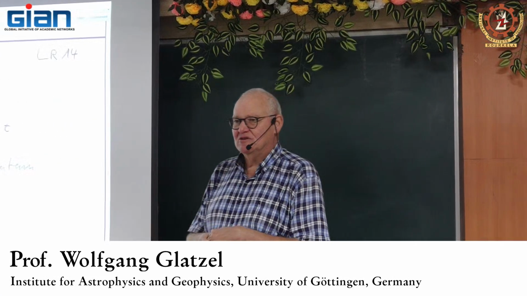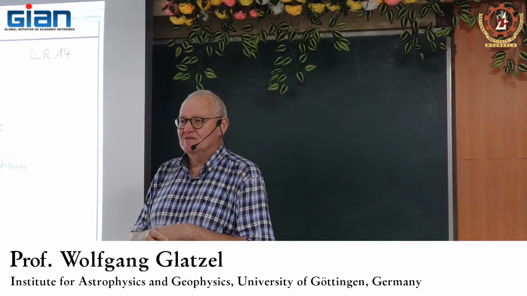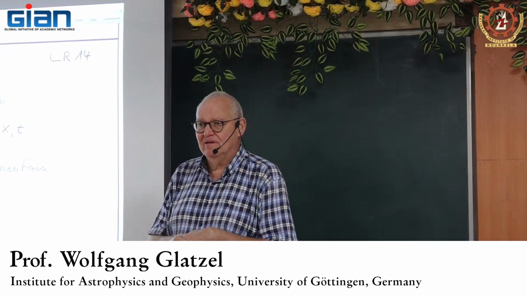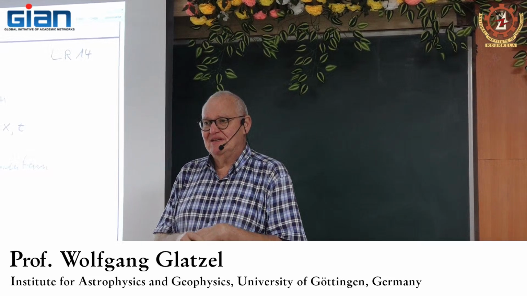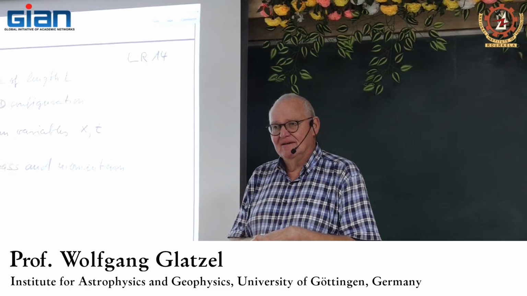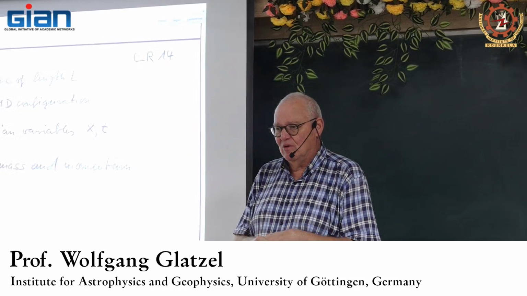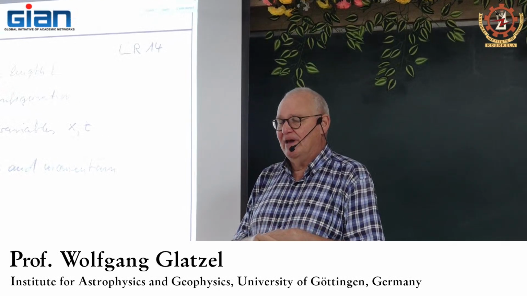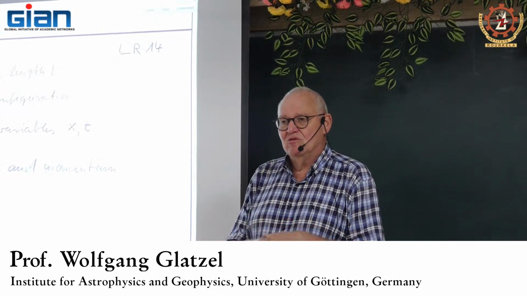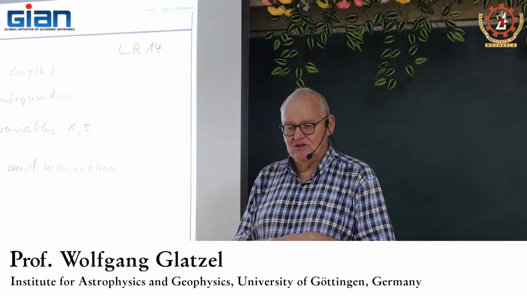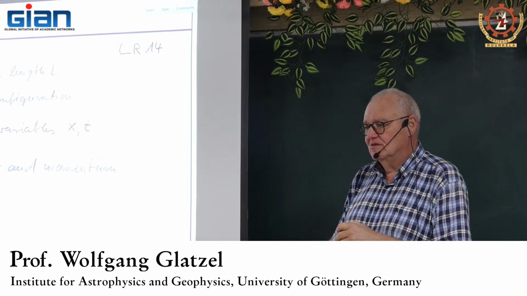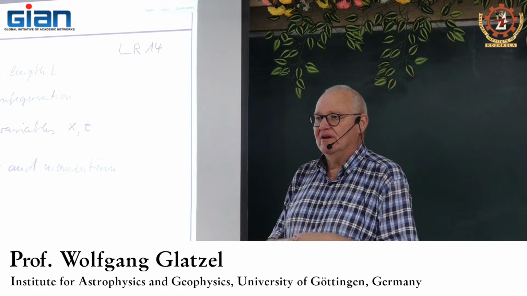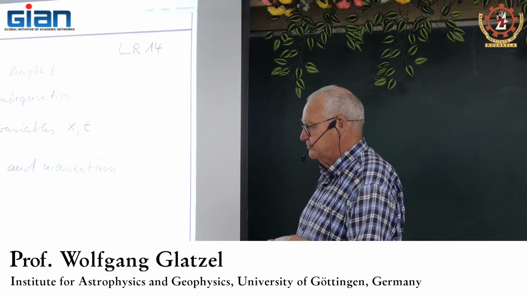In yesterday's lecture, we considered small perturbations around a hydrostatic stellar model, and we derived the equations describing small spherically symmetric perturbations around the background model, meaning radial perturbations with spherical symmetry around the hydrostatic stellar model, or in other words, around the background model.